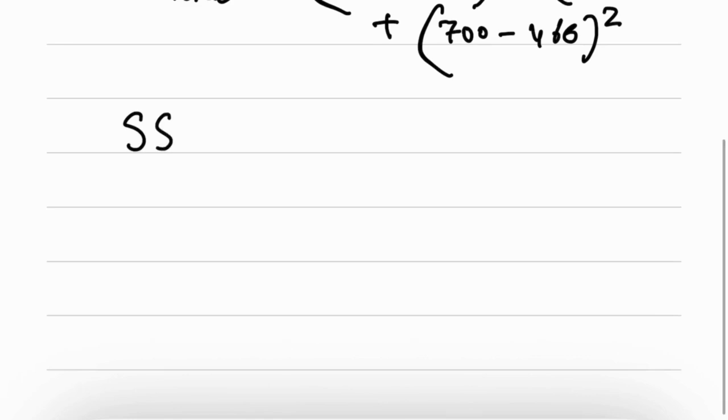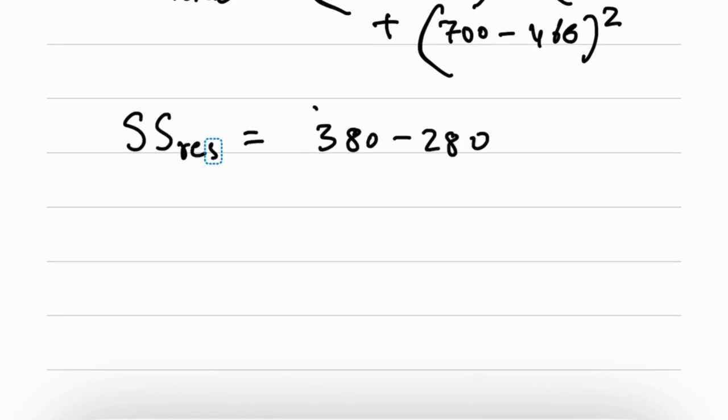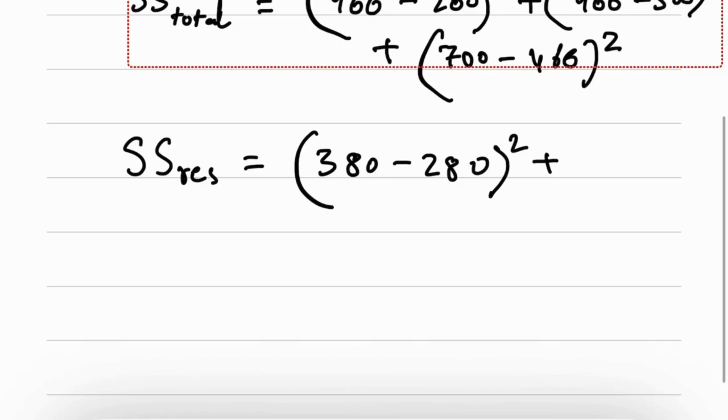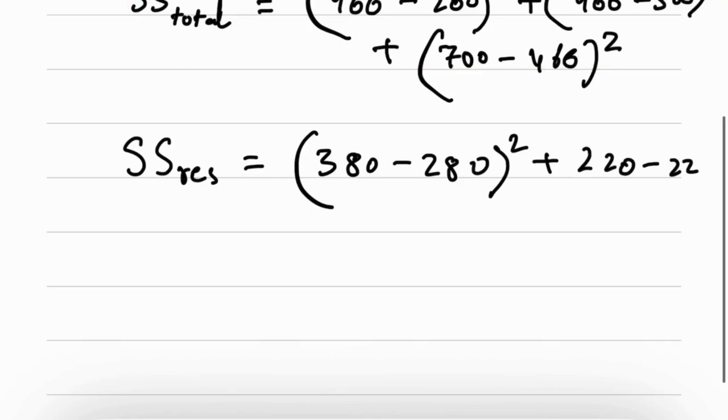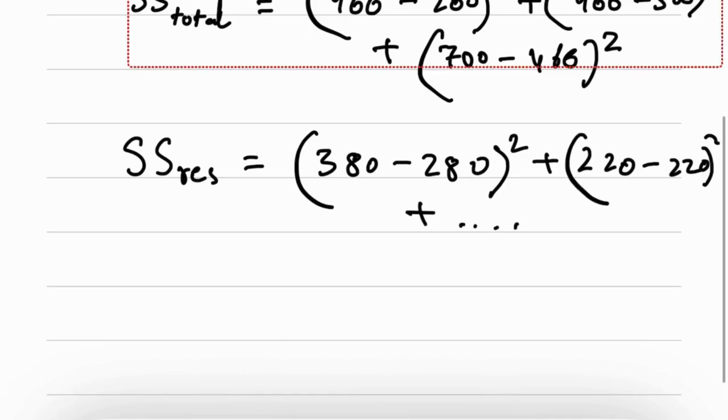So let's understand this with an example. SS res will be equal to 380 minus 280 whole square plus, suppose there is a house which has the correct prediction, 220 minus 220 whole square, and so on and so forth.